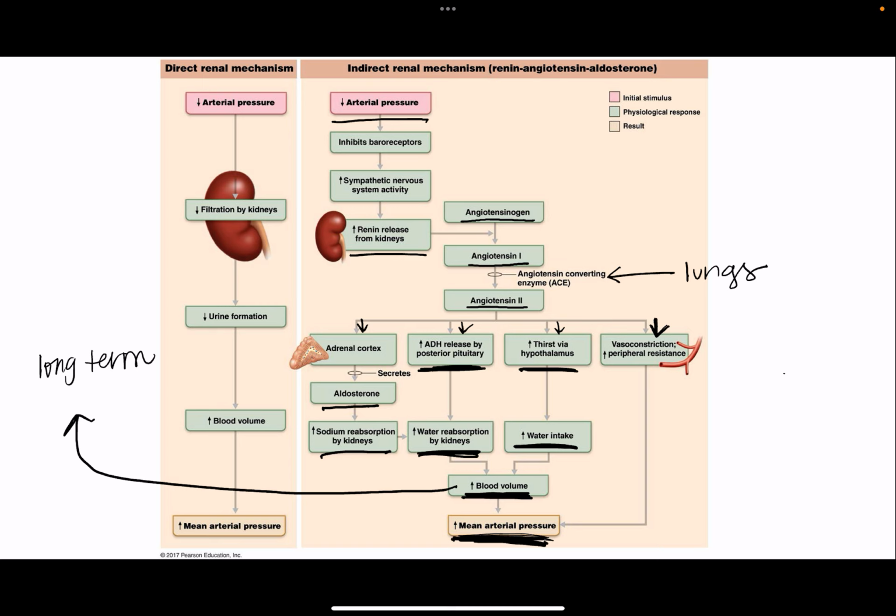So if we're just changing blood pressure without changing blood volume, this is a short-term regulation of blood pressure, because we can cause vasoconstriction really fast, and as soon as they constrict, it's going to increase blood pressure. Versus the other pathways where we have to wait for a hormone to be released and then wait for that hormone to target the kidneys, allow the kidney cells to move that water and sodium, and then blood volume will increase and then blood pressure. That's going to take a lot longer than just vasoconstricting our vessels.